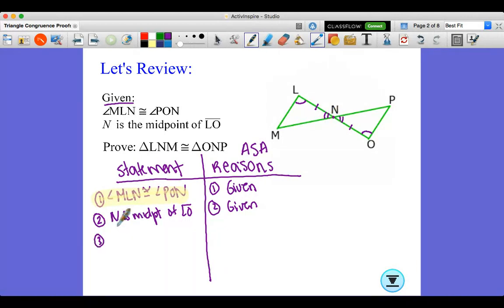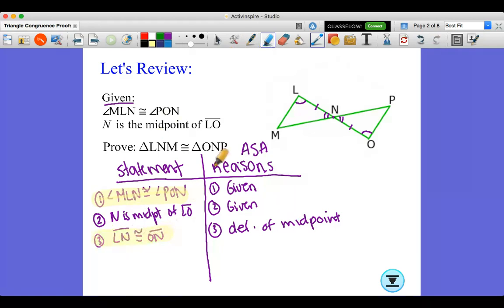It's the middle. Like I'm standing directly in the middle, halfway between the two parts. So that's going to mean that LN is congruent to ON. That is by the definition of midpoint. N is a midpoint, so I could make this conclusion because that is what a midpoint is. That's the definition.